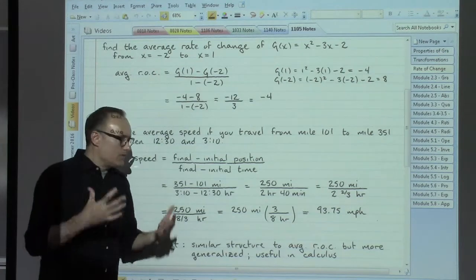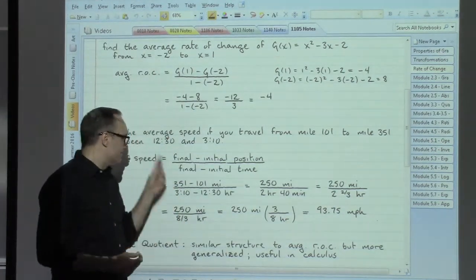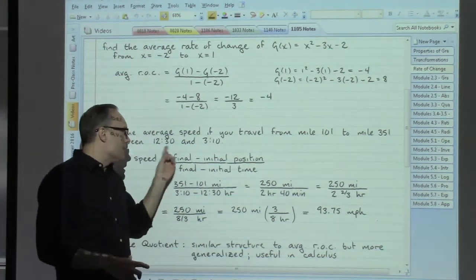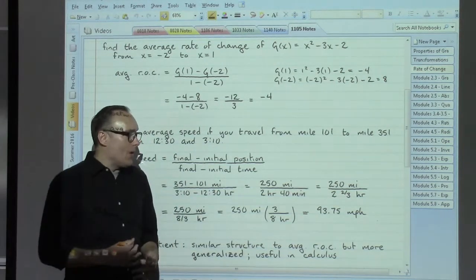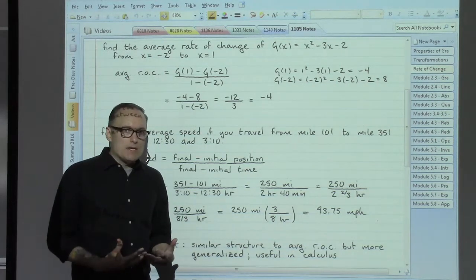I don't necessarily need some sort of wild thing. The point is that that's an average speed. At any given moment, like at 1:12, you could be going faster or slower than that average speed.